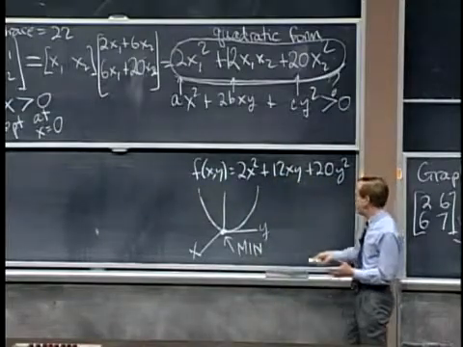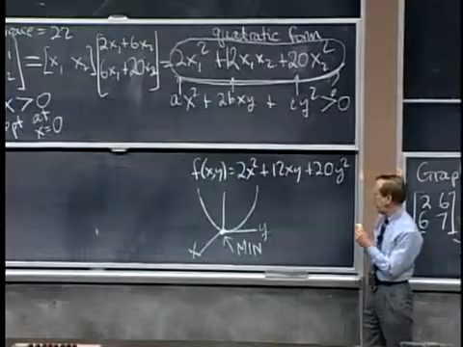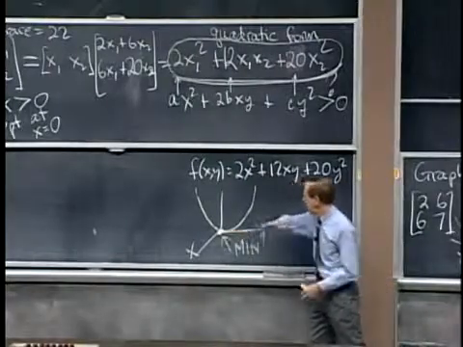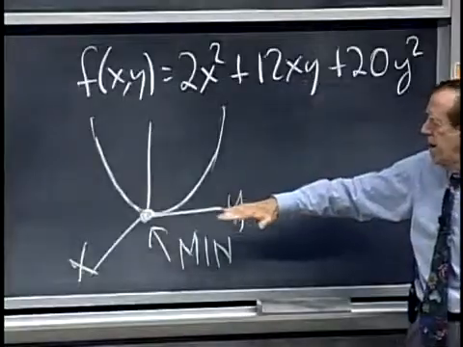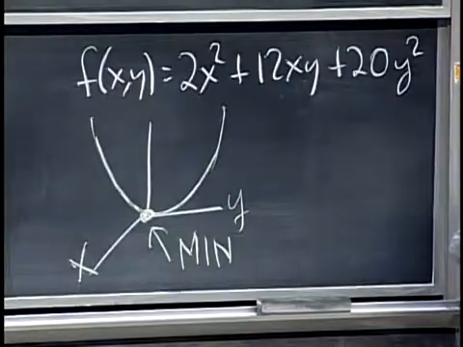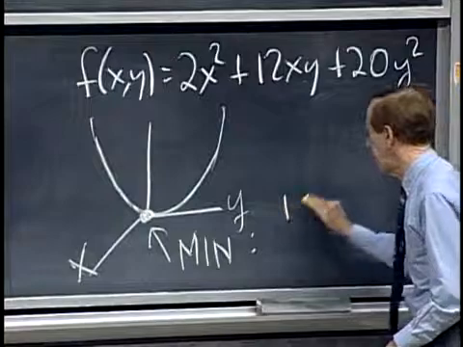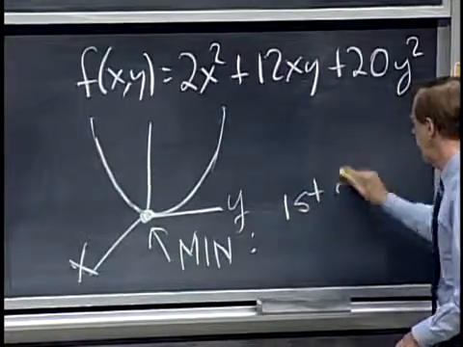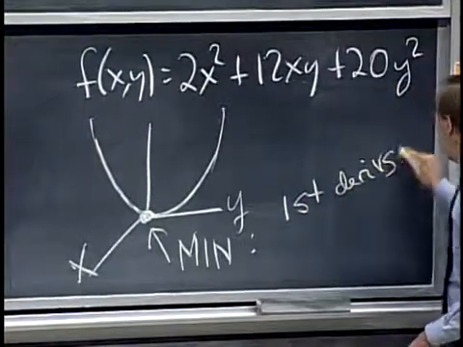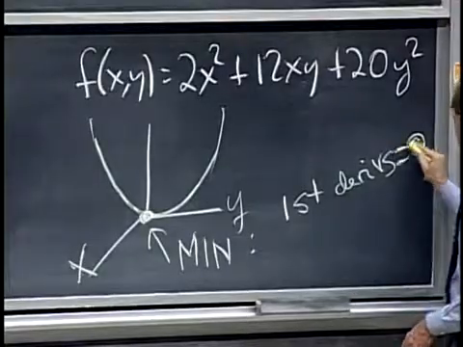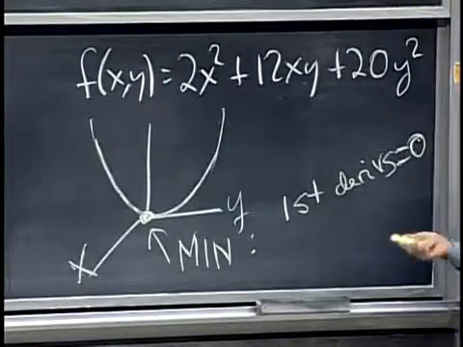And because we've got a pure quadratic, we know it sits at the origin. We know its tangent plane, the first derivatives, are all 0. But that's not enough for a minimum.